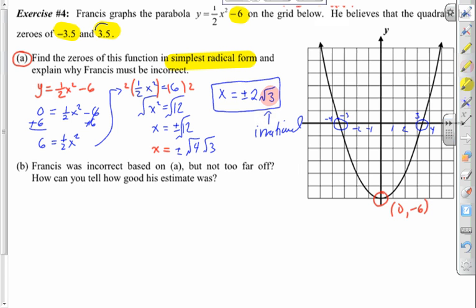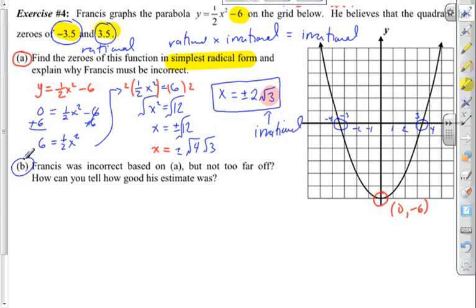And notice the values that Francis gave were rational numbers. So there's no possible way this expression could give us a decimal that terminates like Francis has given. Rational times irrational will equal irrational.